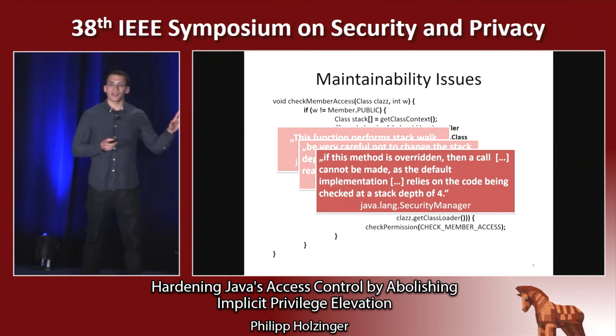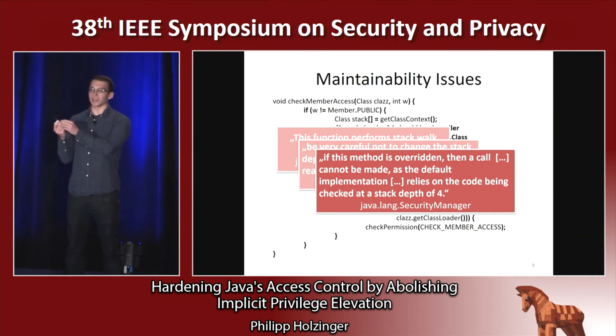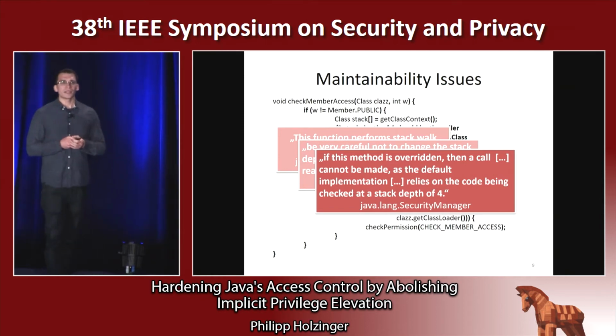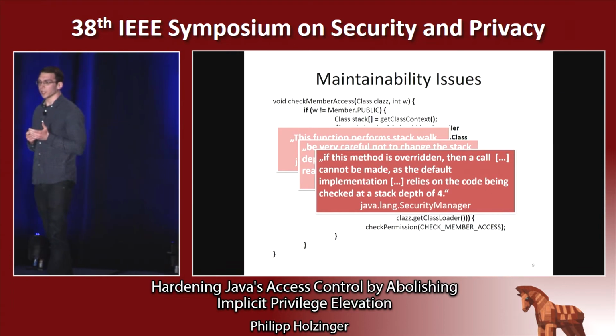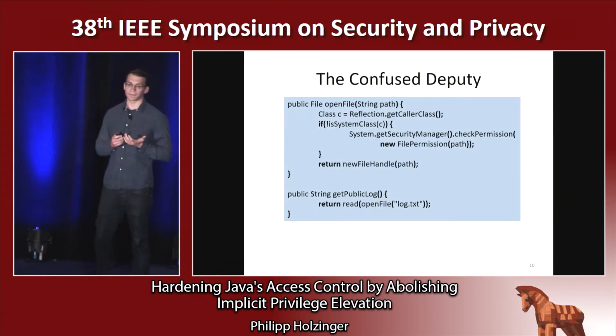So what I'm trying to say here is that the impact of a shortcut at a certain location in the class library has not local implications on the maintainability of the platform, but rather global implications on the maintainability of the entire class library. Besides these maintainability issues, there's also security problems directly enabled by these shortcuts.